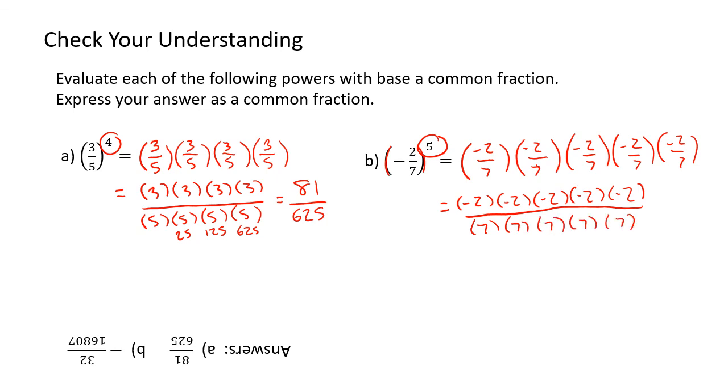If you multiply these out, you get on the top negative 32, divided by 7 multiplied out 5 times, which is 16,807. Again, when you get to those ones, I don't necessarily think it's faster for most of you to do that in your head, so you could obviously use a calculator for it.